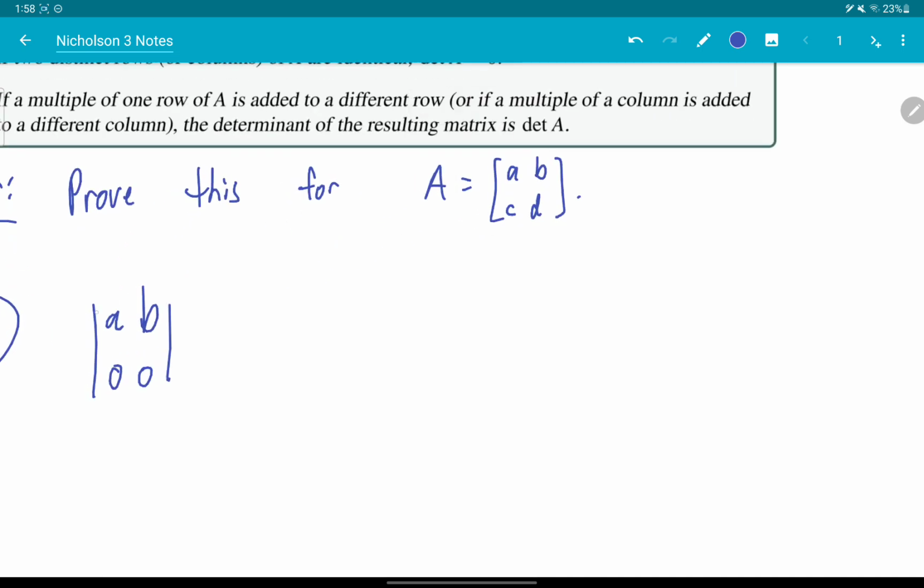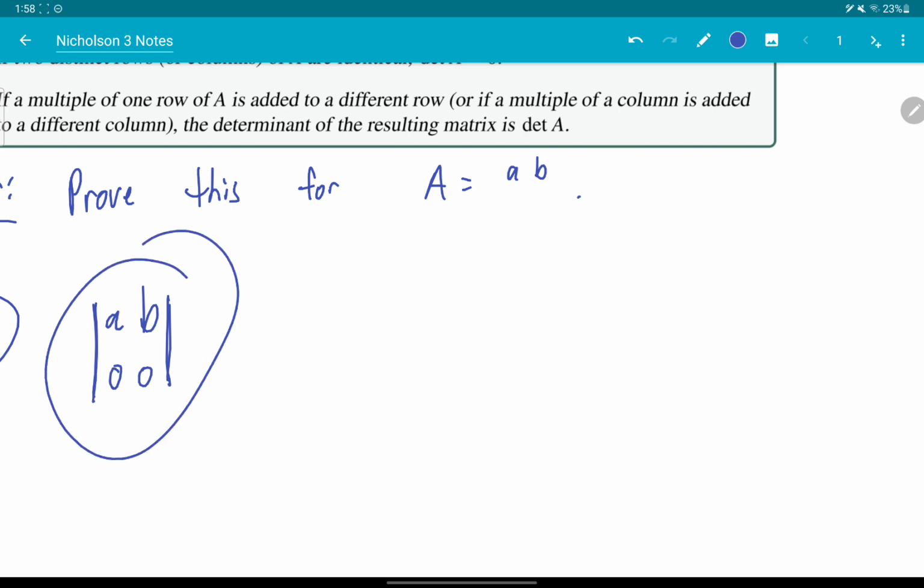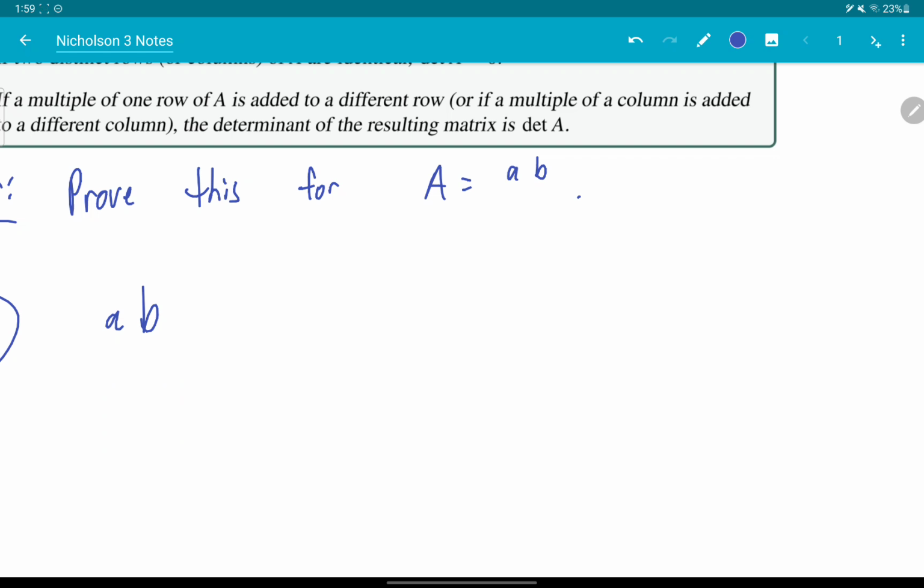You see how I got brackets over here, and these are straight lines. What I'm indicating with the straight lines is that this is the determinant of the matrix inside. Anywho, if the second row is 0, then if I do my formula, I get A times 0 minus B times 0, which is, of course, 0, as expected.